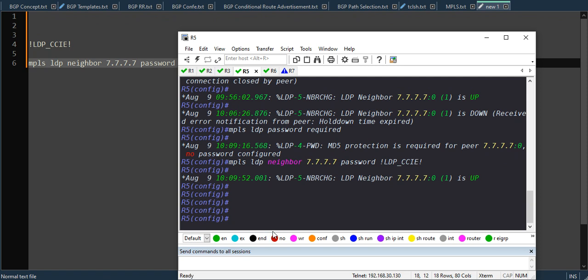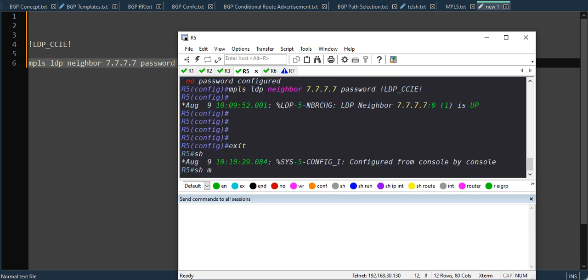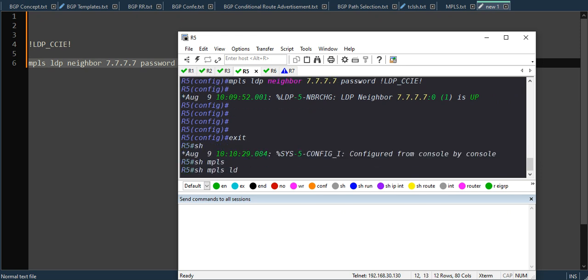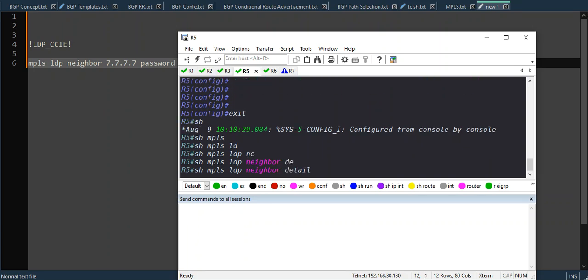Okay, now let's go to R5. Let's see. Show MPLS LDP neighbor and detail command.